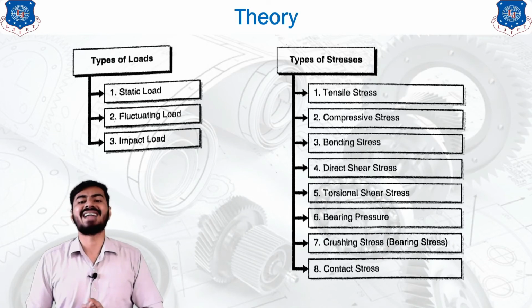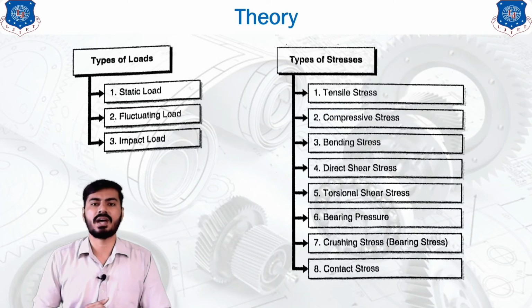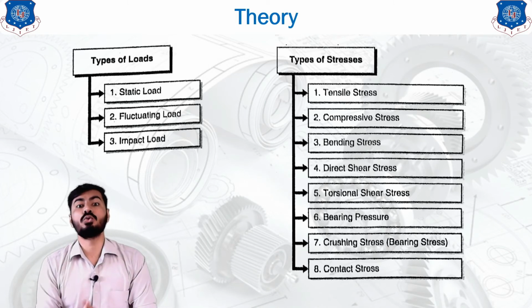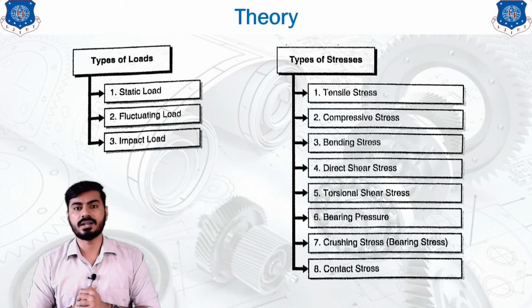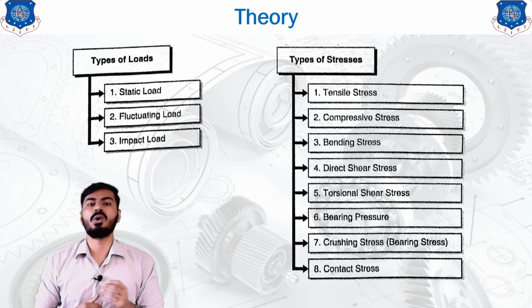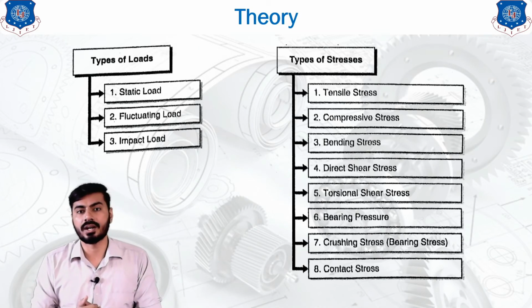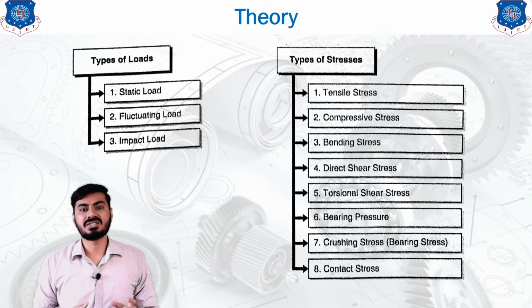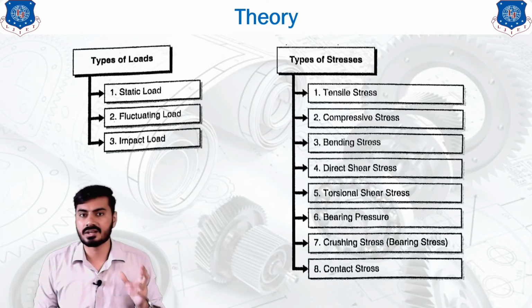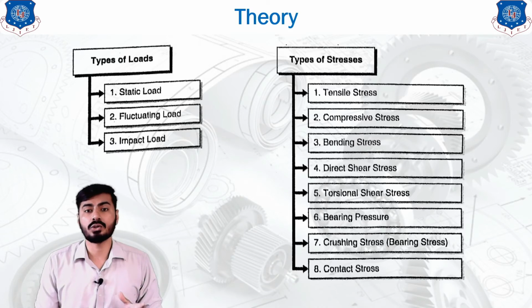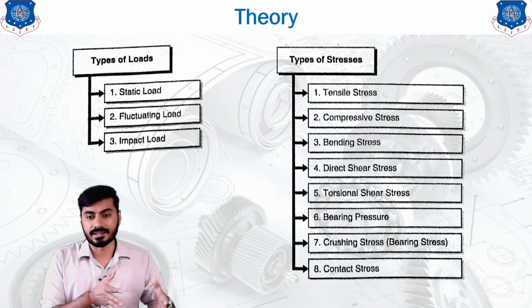The fourth one is the direct shear stress, which you find where a force is applied parallel to the cross-section area of the component, where you will find a zero angle between those two. This will create shearing of the component, and that's why a direct shear force or direct shear stress will generate the highest deformation of the body in a skew manner.